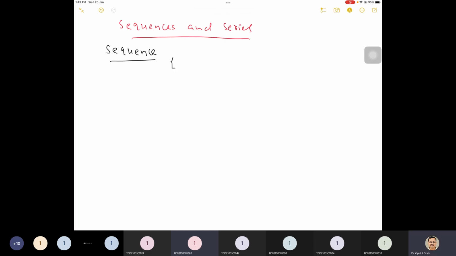So like if I write 1, 1 by 2, 1 by 3, and so on, this is a sequence. In short, we can write it this way: 1 by n. Same way, this is also a sequence.